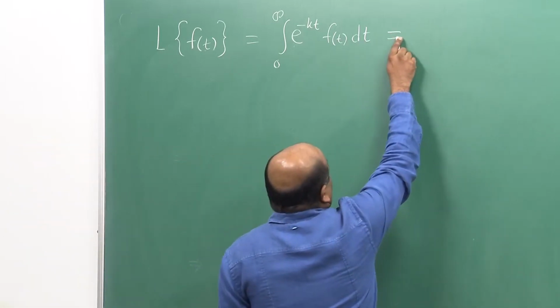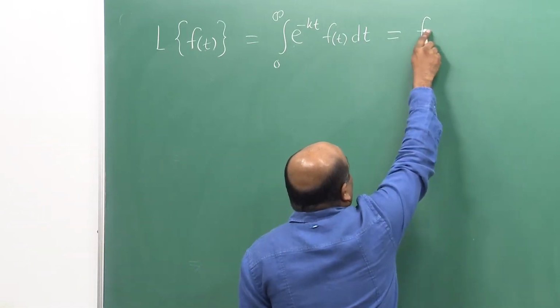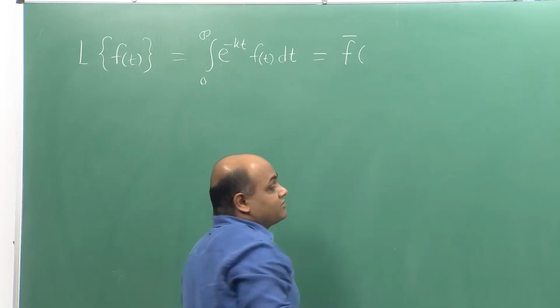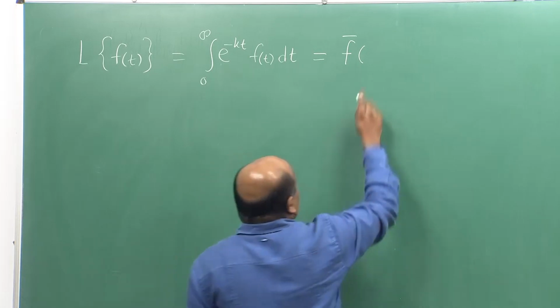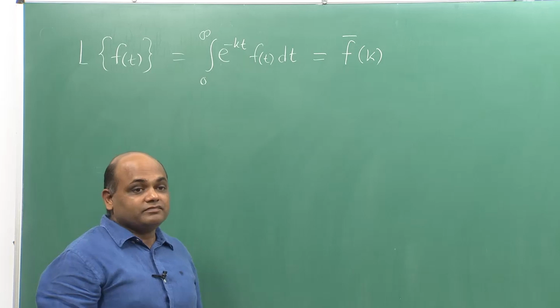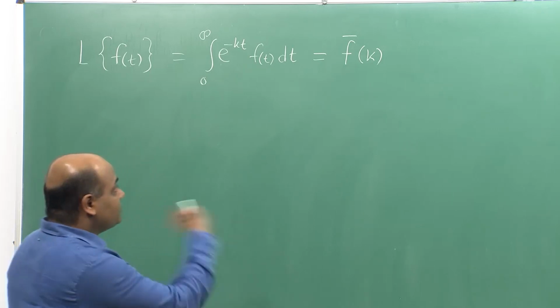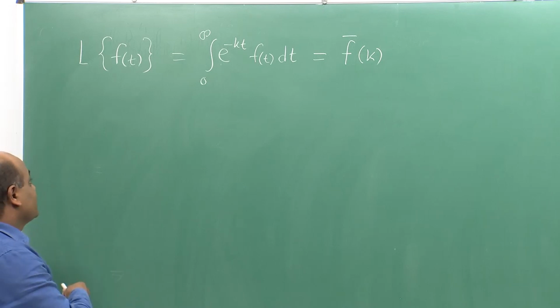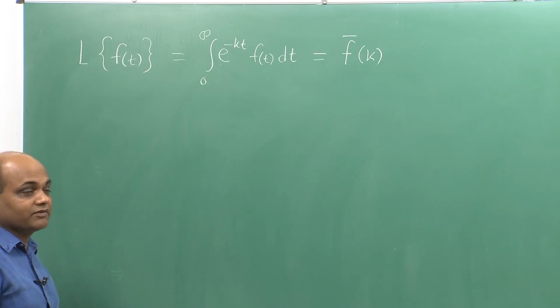So, the Laplace transform is also denoted by the function f bar, and now f bar is not a function of t, but a function of k. If we take the inverse of f bar of k, inverse Laplace transform, we get back the original function f of t.